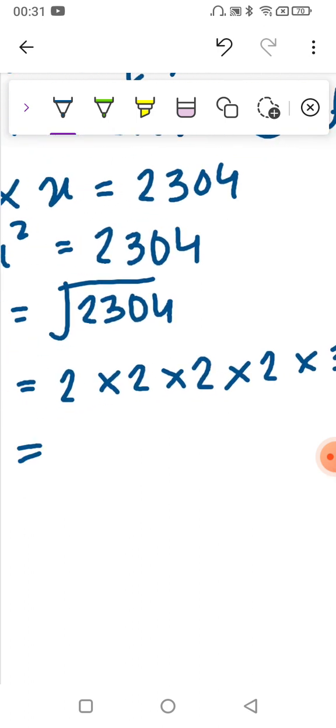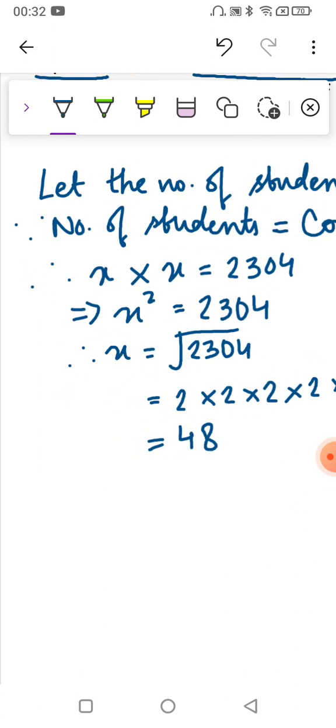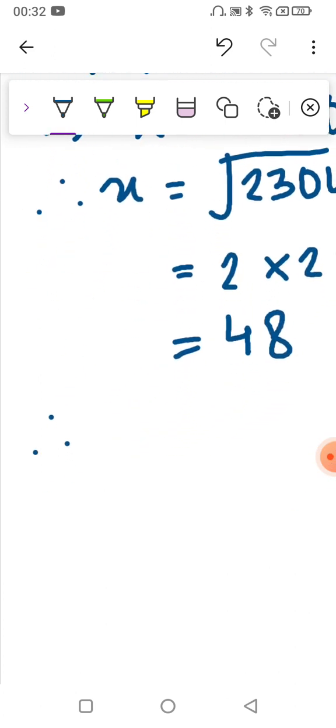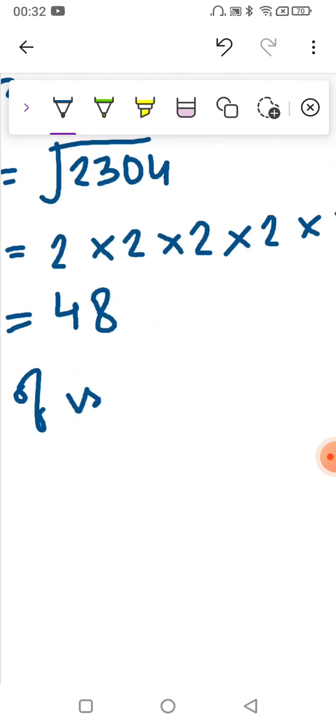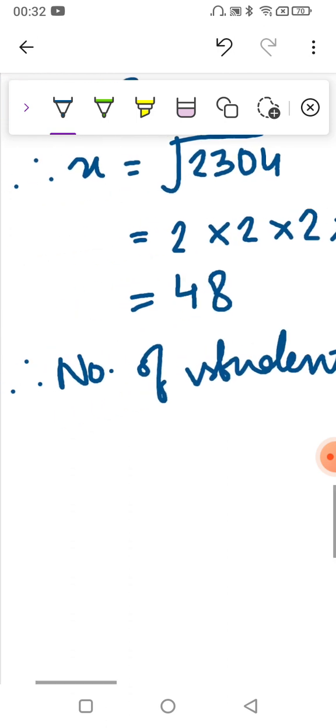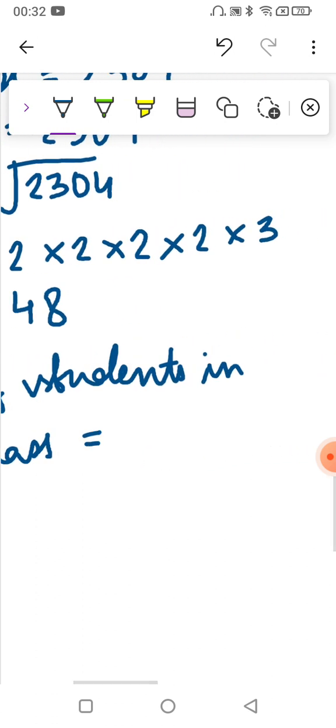So 2 into 2 will be 4, into 2 8, into 2 16, and 16 into 3 is 48. So 48 is the amount contributed by each student and therefore the number of students in the class. I'm going to write the concluding statement. Number of students in the class equal to 48.